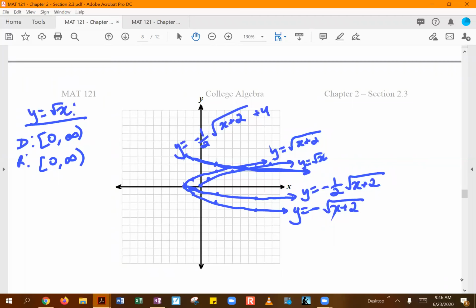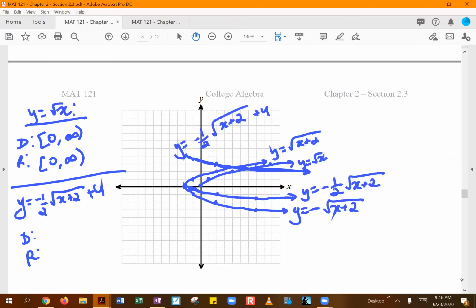For the final function, which was y equals -1/2 square root of x plus 2 plus 4, what do you think the domain and range will be?